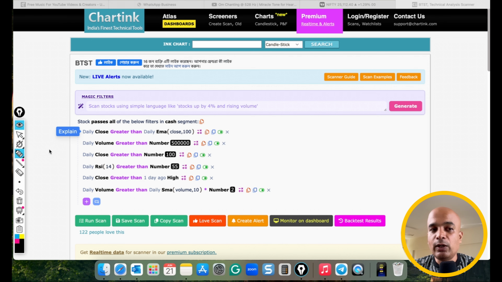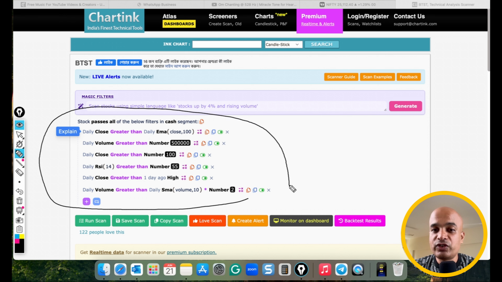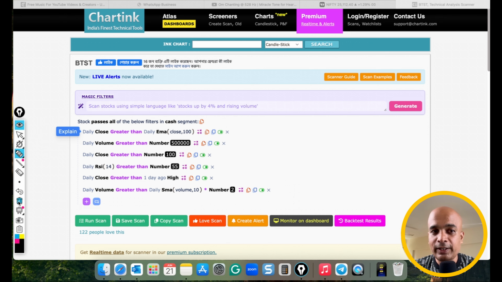Okay, now these are the criteria it uses to shortlist the stocks. You can click on this explain to get the information, but anyway I will explain. Now, what is the meaning of daily close greater than EMA? This is very simple, straightforward.